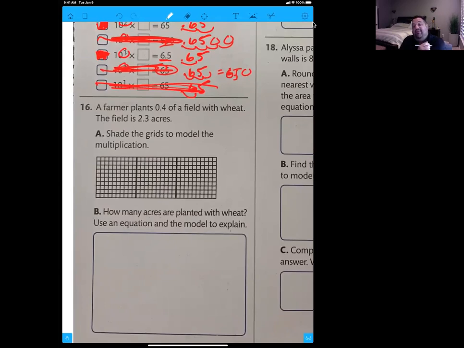Now, I'm going to shade this really fast just to show you what this means. If you do 0.4 of a field, that means 1, 2, 3, 4. So all of this shaded in is 0.4, right? This is this part of it.